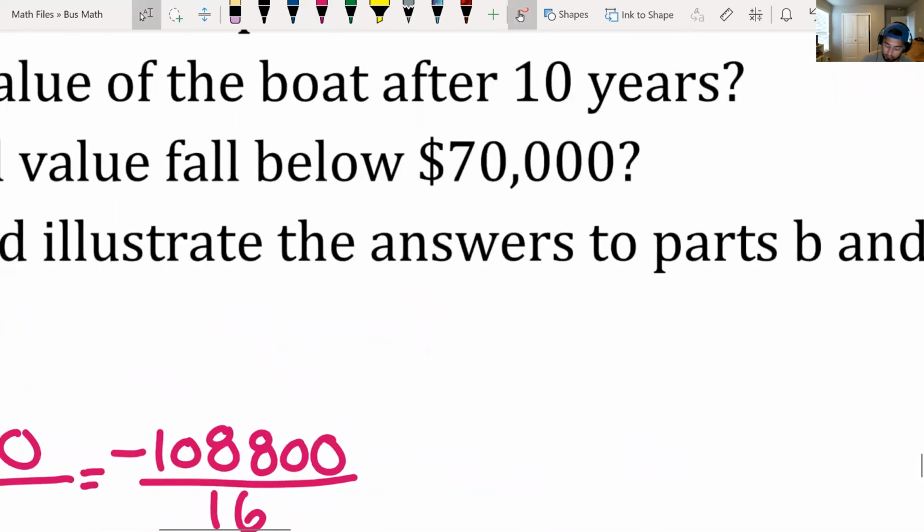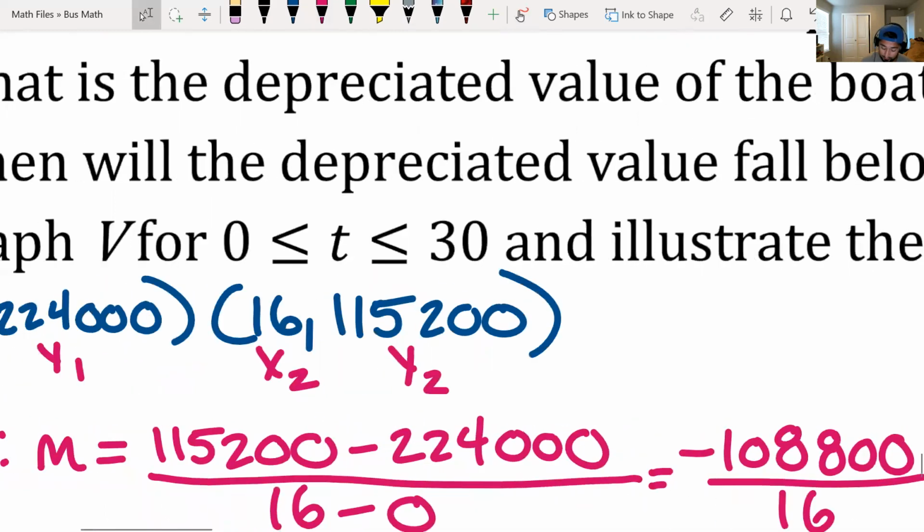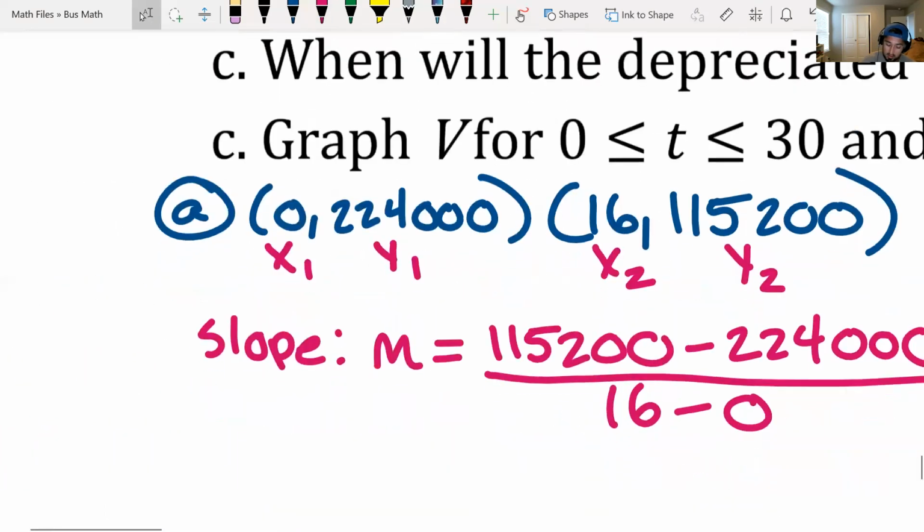And this comes out to negative 6,800. There's the slope, which means now we can find the equation by using the point slope formula.